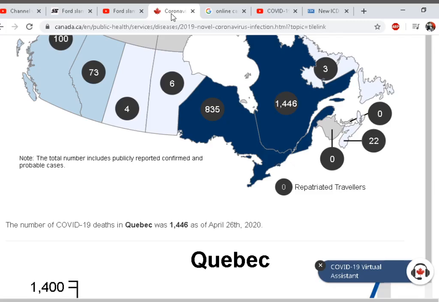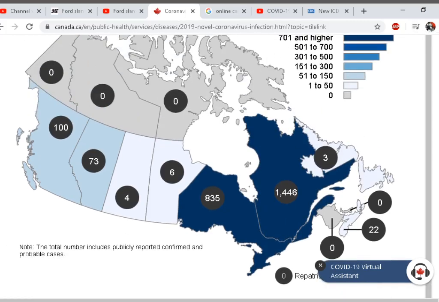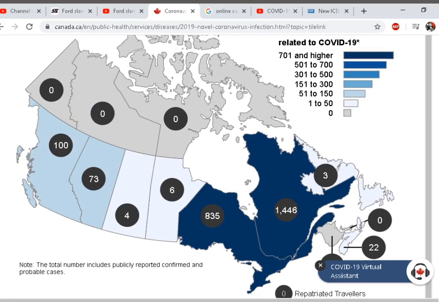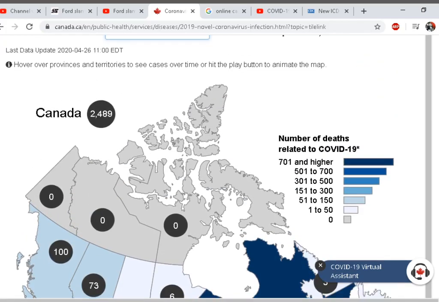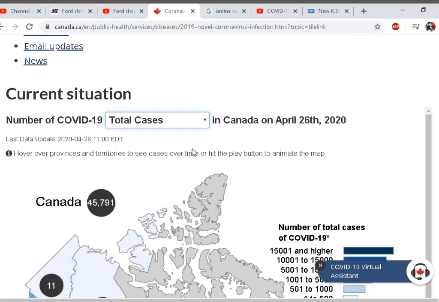A PCR test is an amplification of the swab they take to try really hard to get it to show something. So when you're looking at even the map here of any country, and they show you these numbers, and you have total cases and confirmed, so this is laughable.